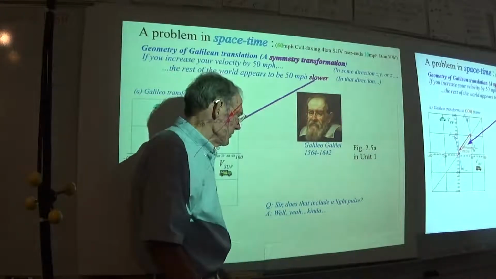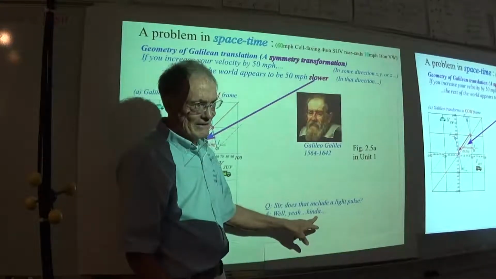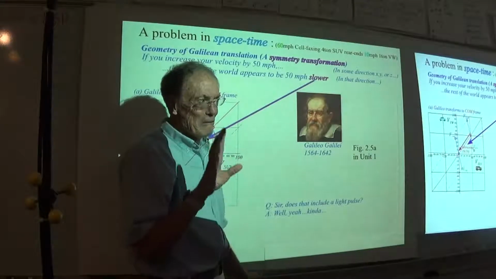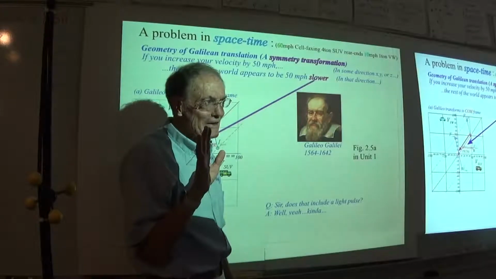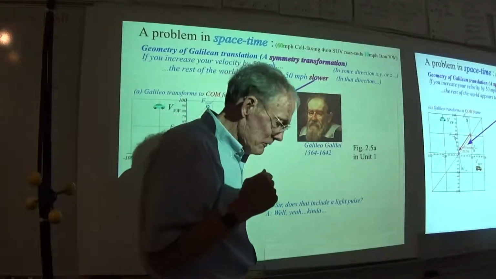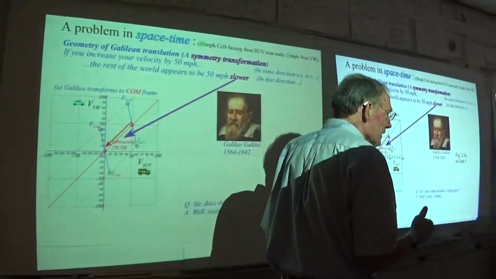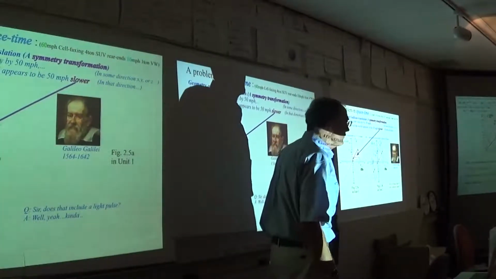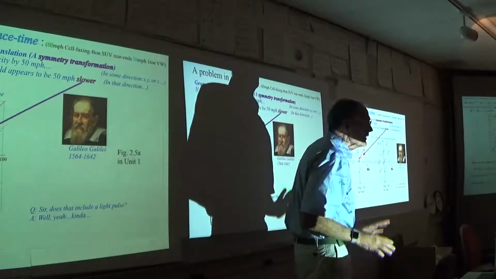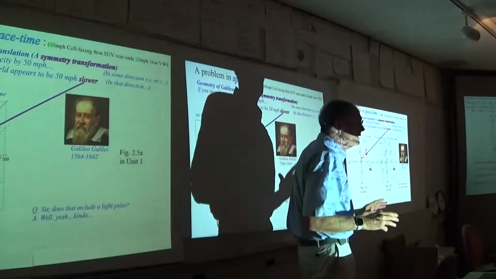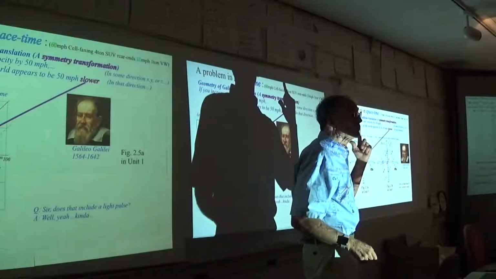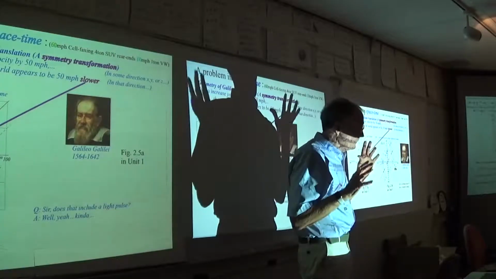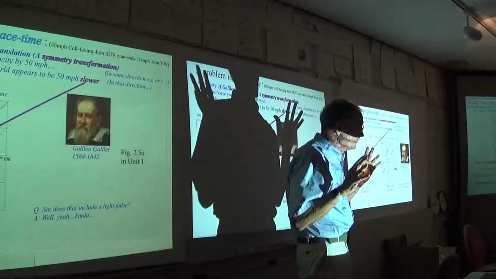And the answer is, yeah, kinda. But you probably have already heard that one of the things that happens when I walk across this room is that any light pulse that I could possibly see has not changed by 3 miles an hour, or any change. It's done nothing. It's still the same speed no matter how fast I go across the room. That's the beginning of relativity right there, the special relativity.